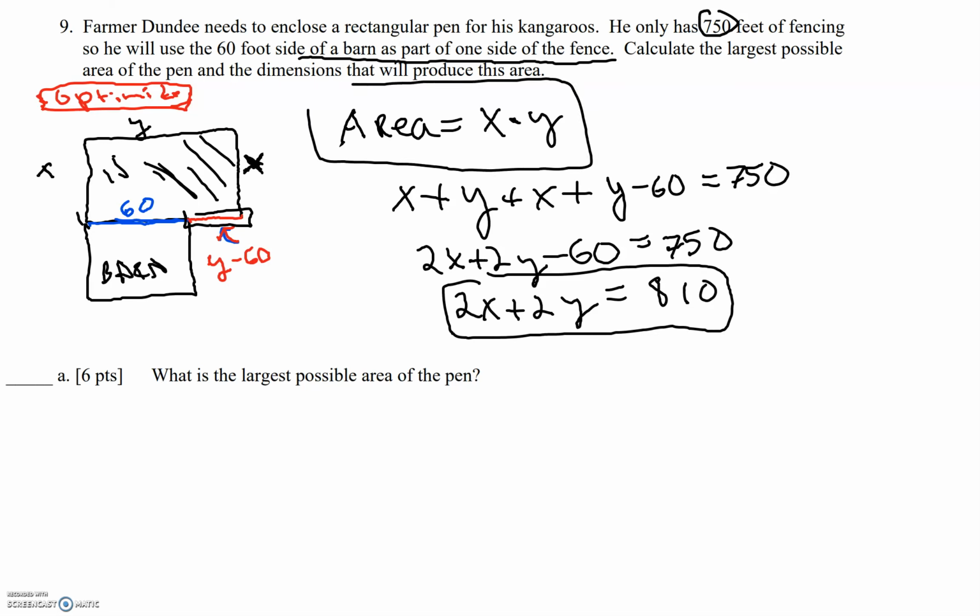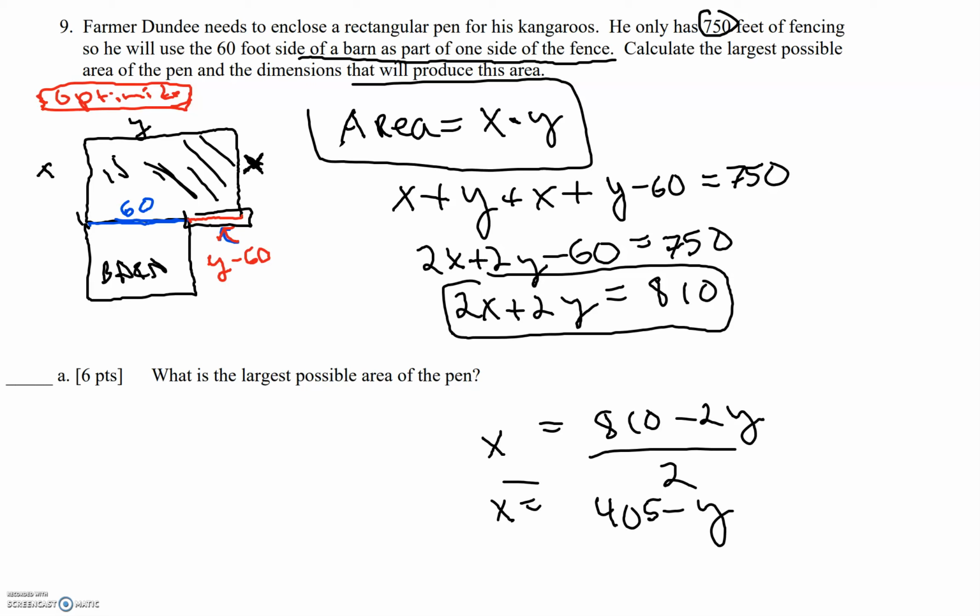We have a main equation, and we can do the standard trick, which is to solve the helper for one of the variables and plug it into the main equation. It doesn't matter whether you solve for x or y, I don't care. In this case, I think they're equivalent. So let's just solve for x. 810 minus 2y divided by 2 is x, and therefore x is 405 minus y.